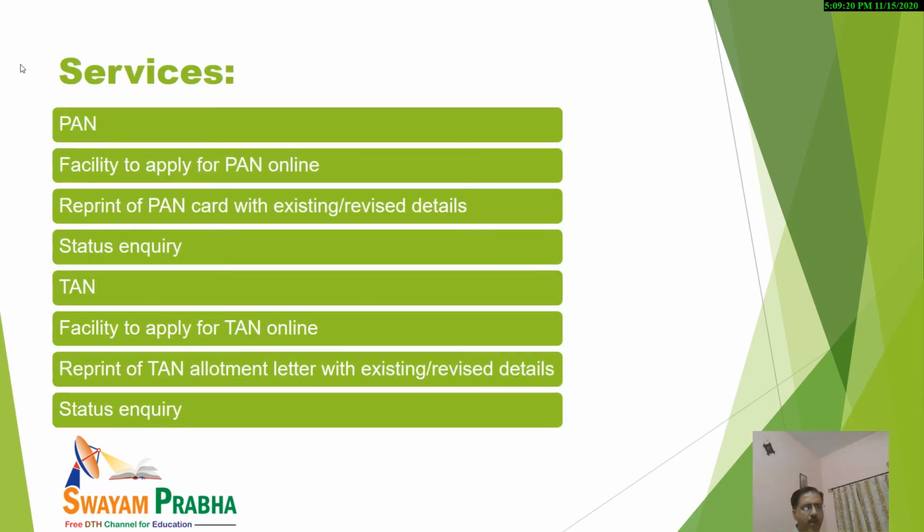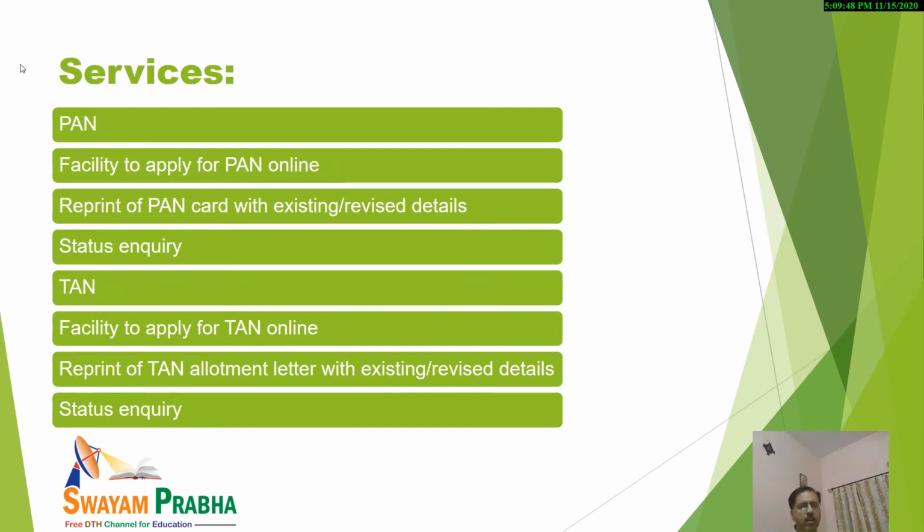Now, what are the services? I have already told you, I will discuss once again. Services are PAN: a facility to apply for PAN, a facility to change PAN, and a reprint of PAN card with existing or new details. I have already told you that in case some changes are required in PAN, then again these services are provided.